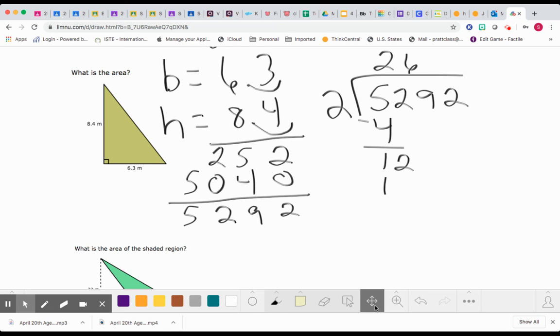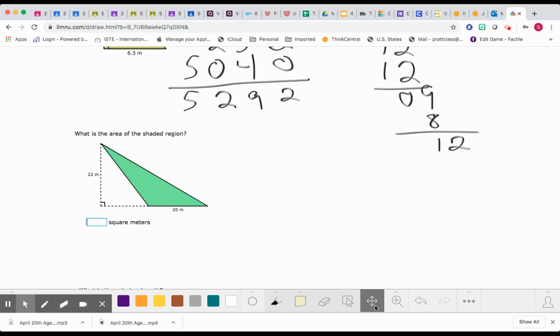It gives us 12. Bring down our 9. So 2 can go into 9 4 times, which gives us 8. Then 2 can go into 12 6 times. So that gives us 0.